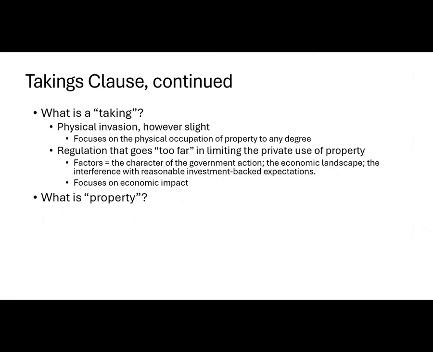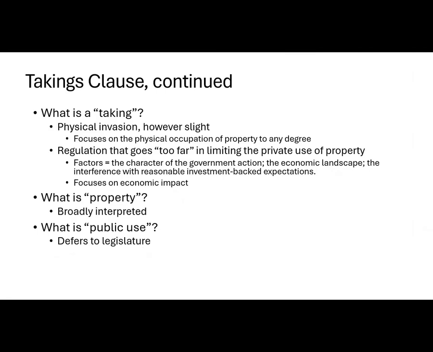Next, what is property? And this is really the simple analysis. Property can include personal property, real property, and even intellectual property. The court gives a very broad definition to the term property, and it is not just land. Third, what is public use? Courts give broad discretion to legislatures in the determination of whether to condemn property for public use.